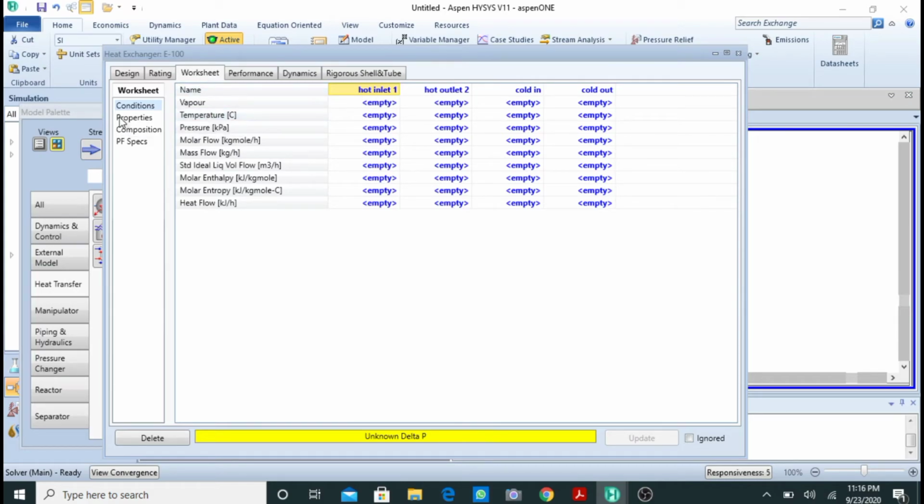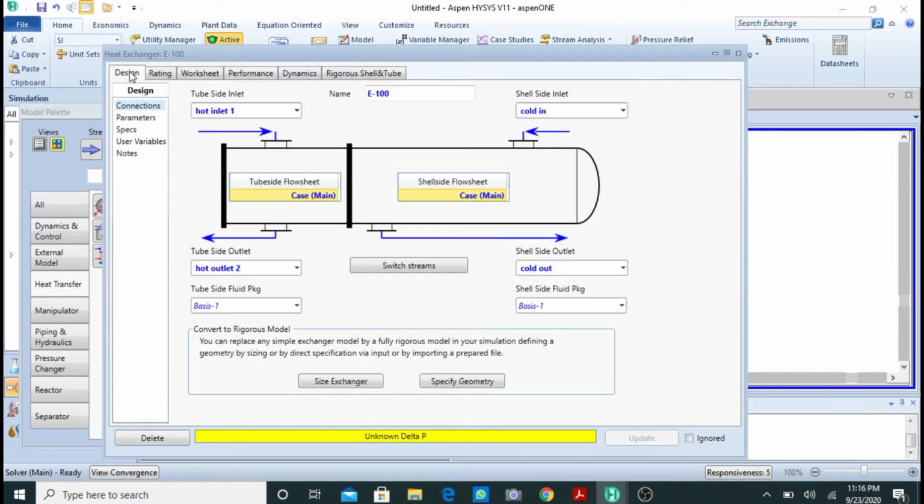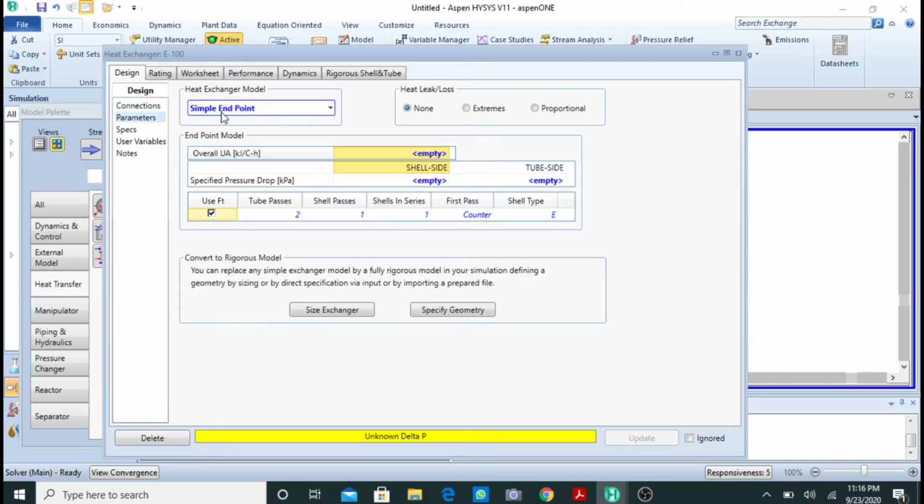First of all I will go to design and parameters. In this problem we have to take simple endpoint and heat loss equal to 0.